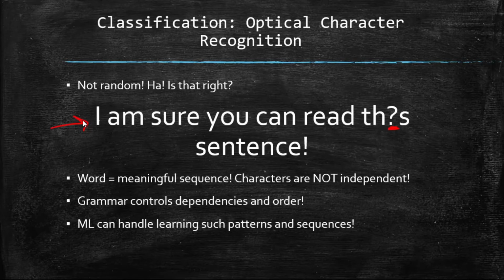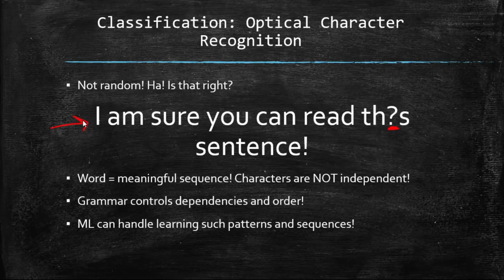So you can easily classify that question mark and that empty place right there as letter I, because you know that it's missing, but you can figure it out. But you can't just come up with a formal definition, probably, for a machine to do that, right?